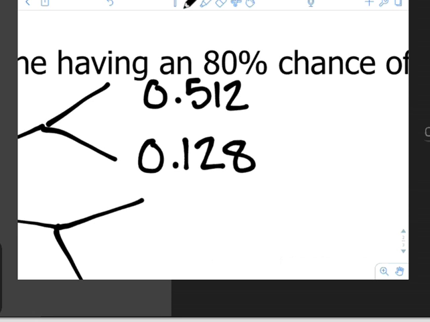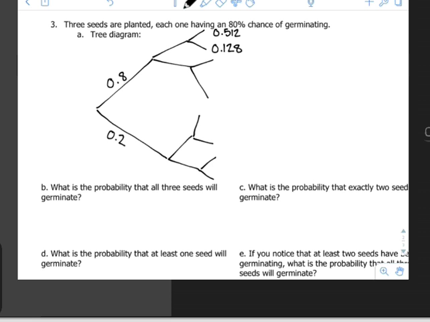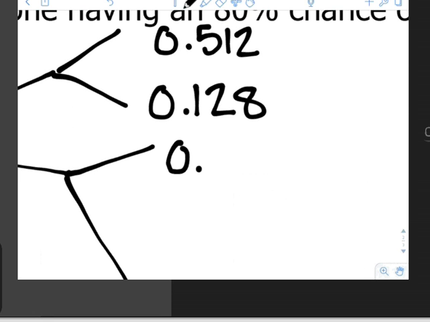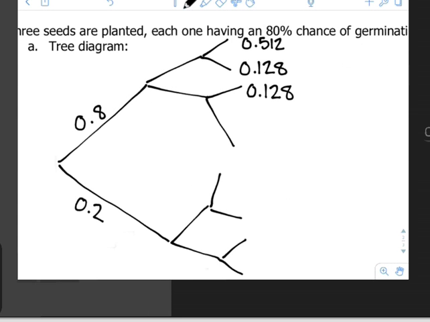And this one, next one's 0.8 and then a 0.2 because it goes down, and then a 0.8 again. Isn't that going to be the same exact thing, just in a different order? All right. And this one's a 0.8 and a 0.2 and another 0.2.